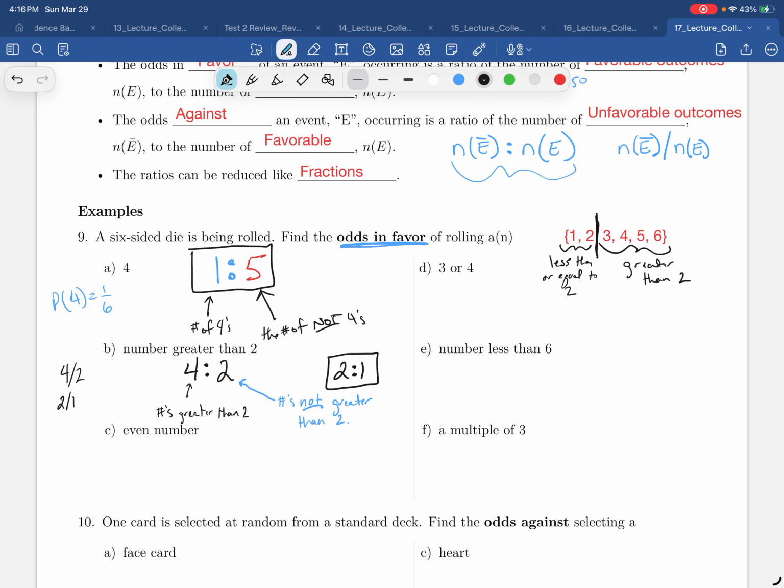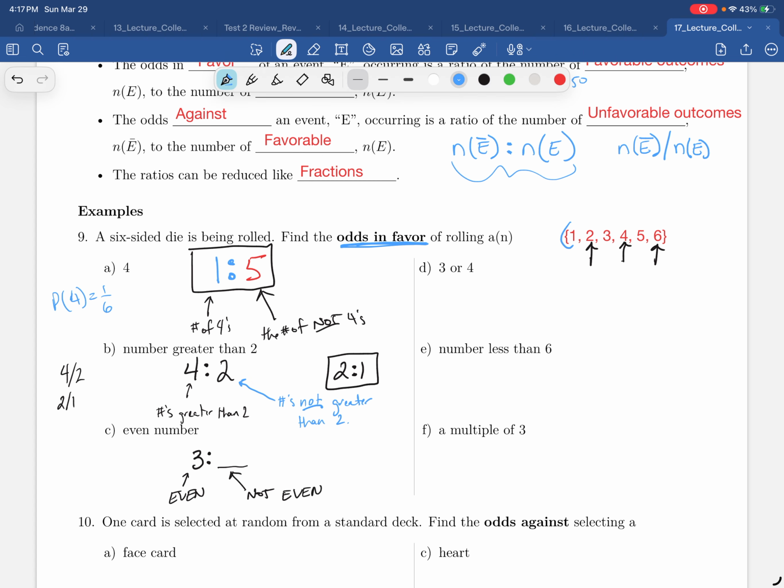An even number. So if we identify all the numbers that are even, we have 1, 2, 3. So an even number, this would be 3. And then the next number would be the not evens. If we go back and count those, we would say, well, that's 1, 2, 3 of them.